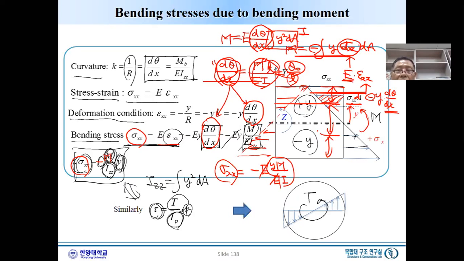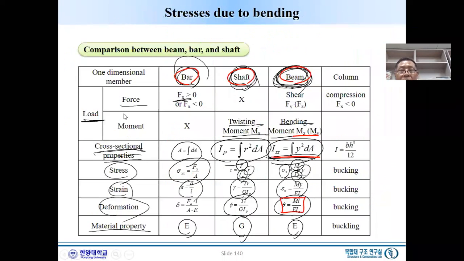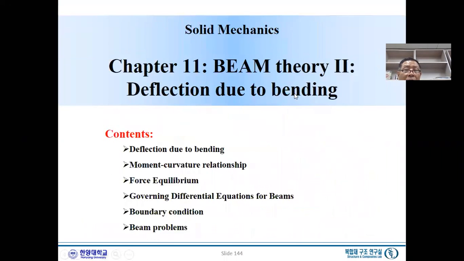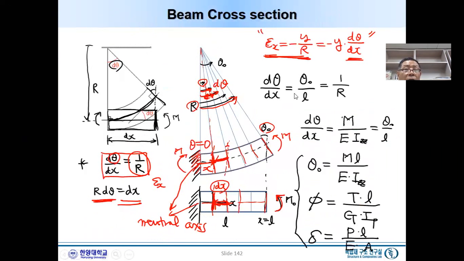Then the whole procedure is the same, but we have to pay attention to how we calculate the moment and how we calculate the sigma. That's what I'm trying to do now. But still, you need to keep in mind that this is the backbone for the whole beam theory for the section which has constant material property.